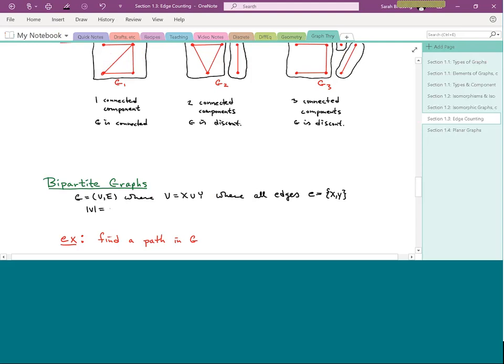We also looked at previously the number of vertices in a bipartite graph, well, I lie. I need to go back for a second. Complete bipartite graph was all possible edges where your set of vertices, one of them had n vertices in the set and one had m vertices in the set.